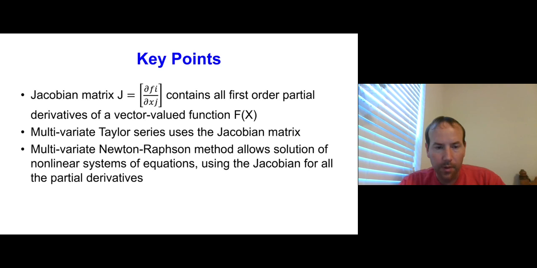And finally, we found that the multivariate Newton-Raphson method allows us to solve not just single equations, but systems of equations, nonlinear systems that you couldn't solve with the single variate Newton-Raphson method, nor with Gaussian elimination because these are nonlinear systems. So that's why these methods are important. The basic idea is that it's using the Jacobian so that it can calculate all the partial derivatives that are needed.